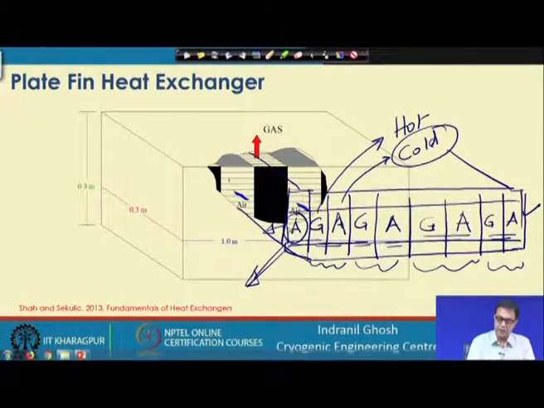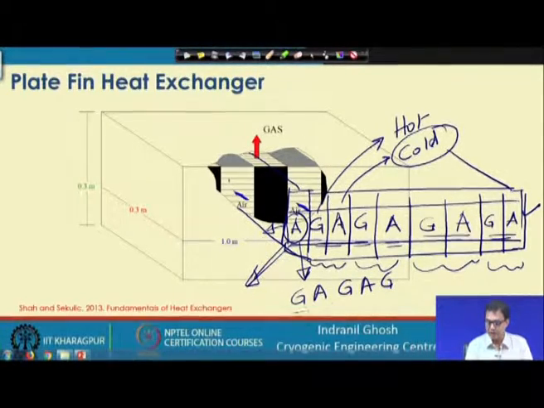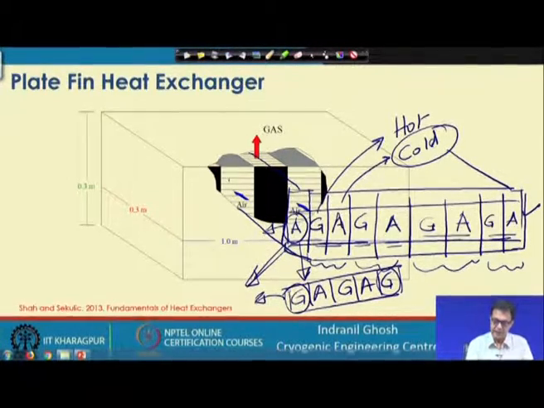This could have been an alternative arrangement with the gas stream at the ends, but the gas stream being the hot stream would need more insulation at the end.